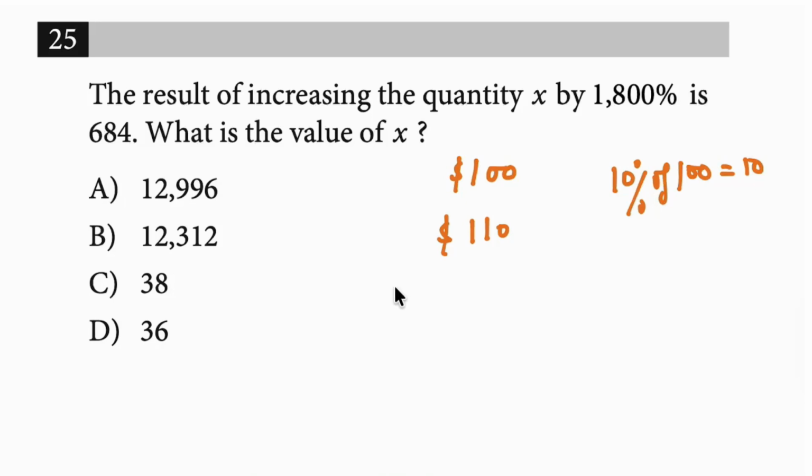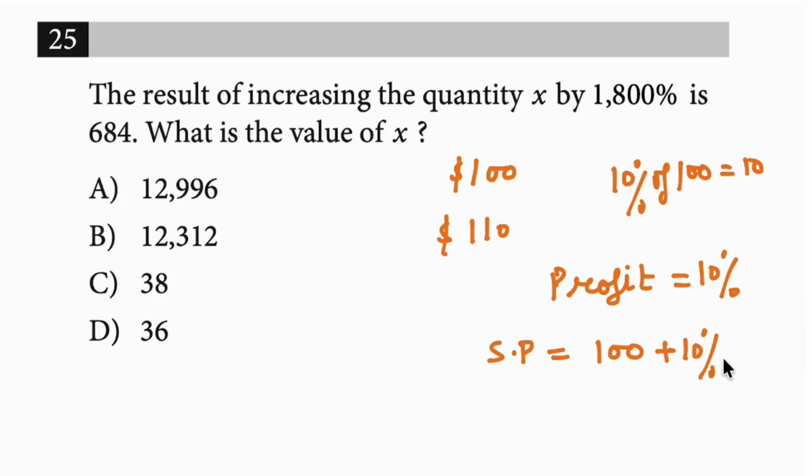But now we have to check what we are actually trying to say. If I am asking what the profit is, then I'll say only 10%, right? But if I ask what the sale price is, then I will include 100 plus 10% of 100, right? 100 is my cost price and 10% of this is the profit I am going to make.